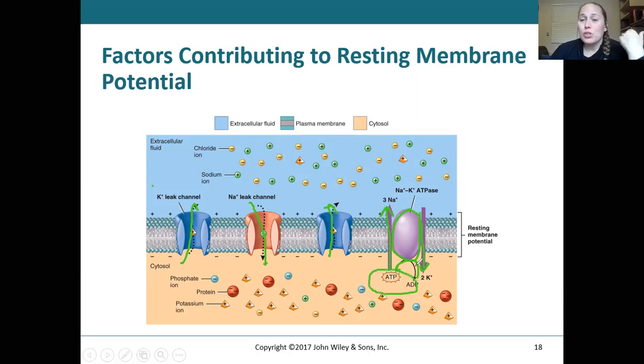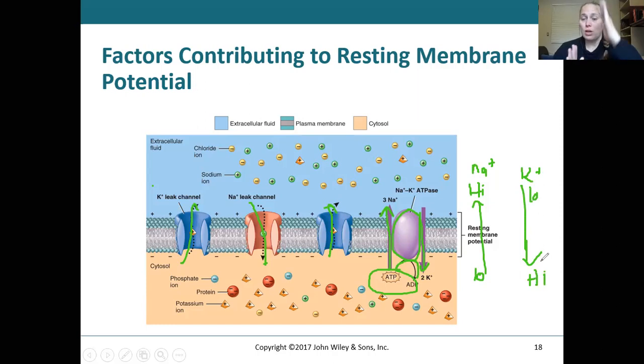Energy is required because you're forcing these ions against their concentration gradient, meaning that you're taking it from an area of low concentration and making it go to an area of high concentration. That's the case for sodium. And in the case of potassium, you're doing the exact same thing, going from an area of low concentration outside the cell to an area of high concentration.